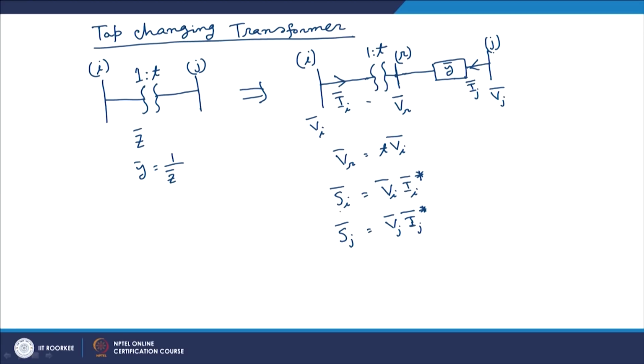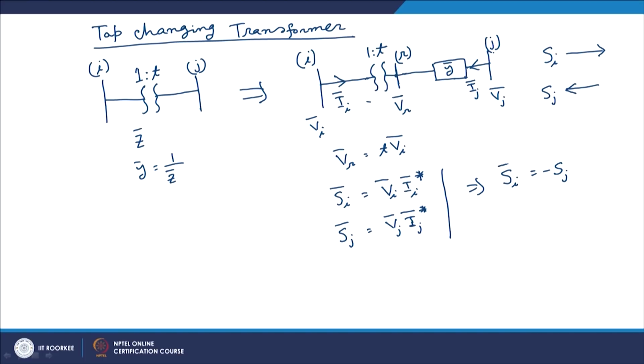Now, if we look at the direction of Ii and Ij, we can see that the directions of Si and Sj are opposite to each other. Si is in this direction and Sj is in this direction. Because it is ideal, Si is equal to minus Sj.